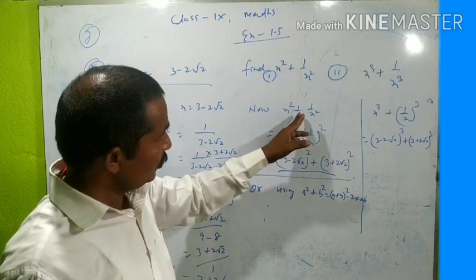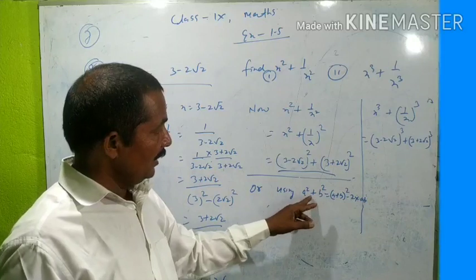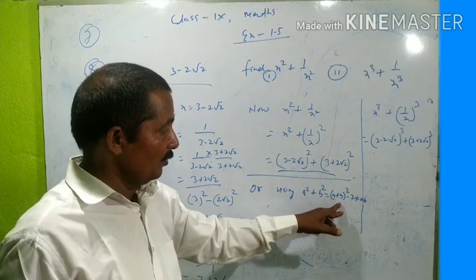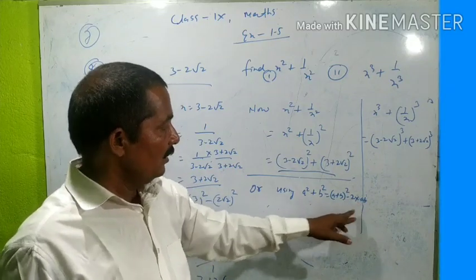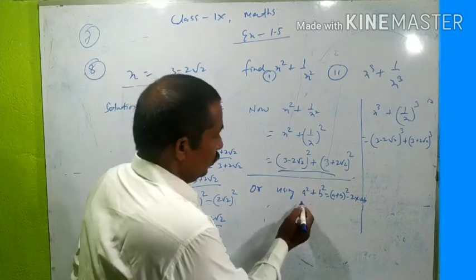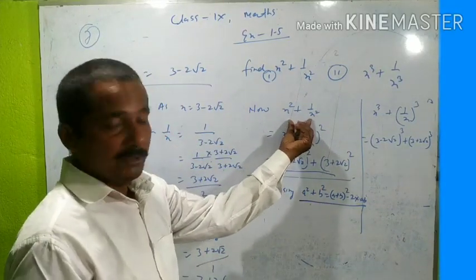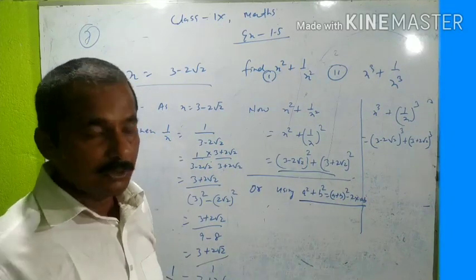And you can get this solution using this identity also: a square plus b square is equal to a plus b whole square minus 2ab. Here you can apply this identity to get the result of this question. So in either of these two ways you can solve this question.